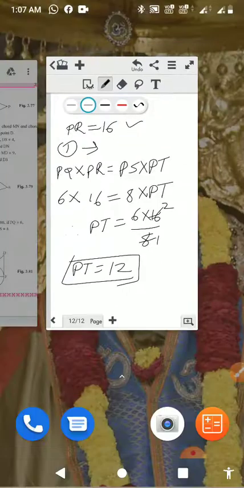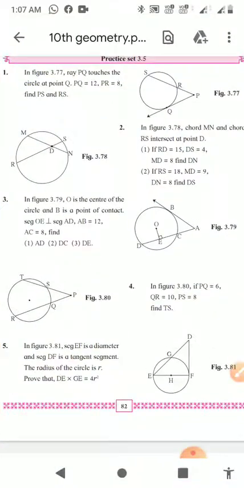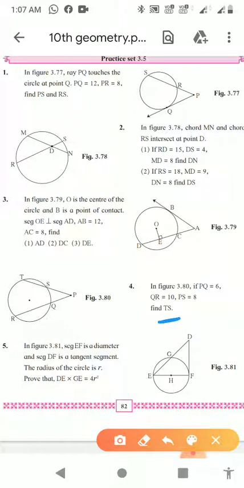So in this way you can easily calculate PT. But in the question, they will not ask PT, they will ask us to calculate the value of TS. Now PT is with us and PS is with us, so we can easily calculate TS.